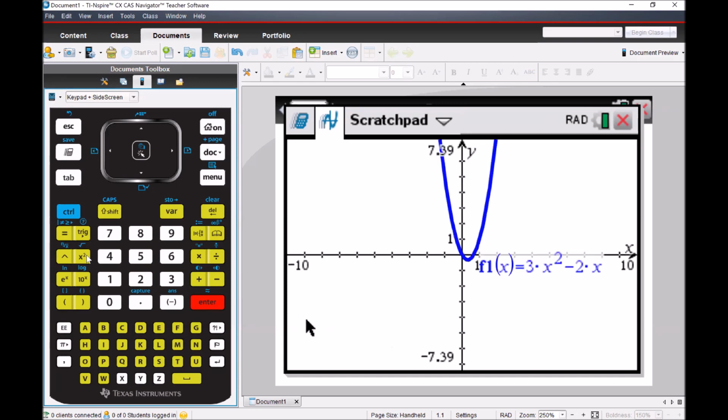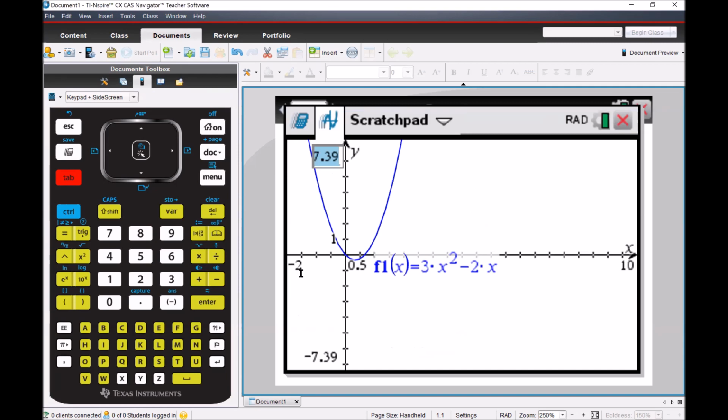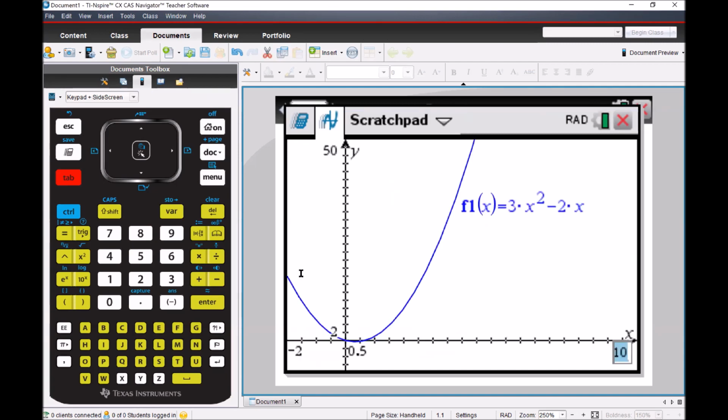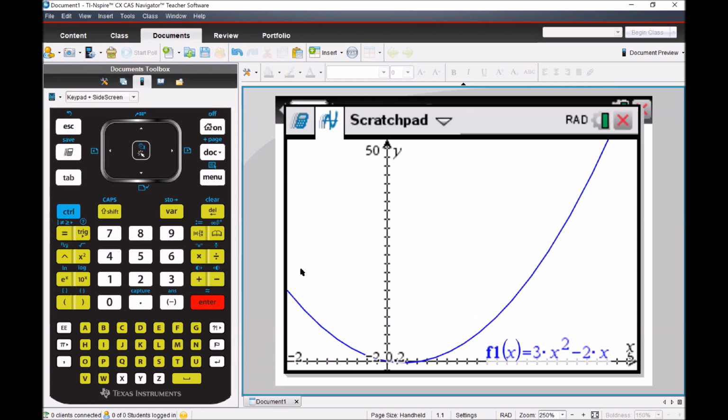You don't need to get your calculator out. I'm going to have to play around with this a little bit because I don't think I like its window size. So I'm going to change this to like -2. I may have to go up as high as maybe 50. I'll explain why. And I can take this out farther than 4. 5 will work. And then maybe I'll take this out to -2.